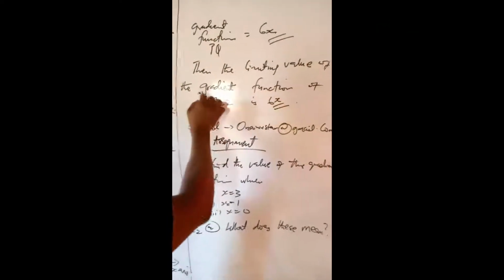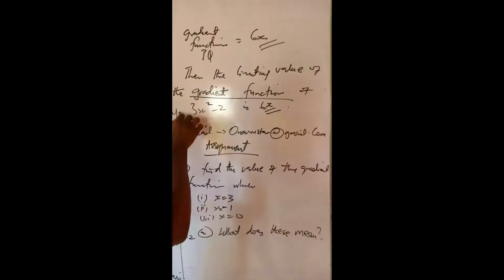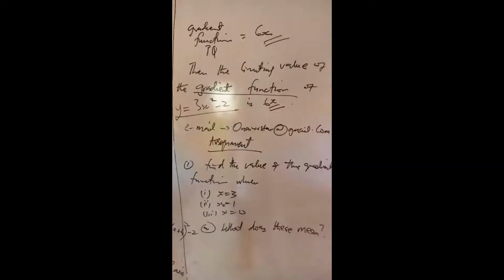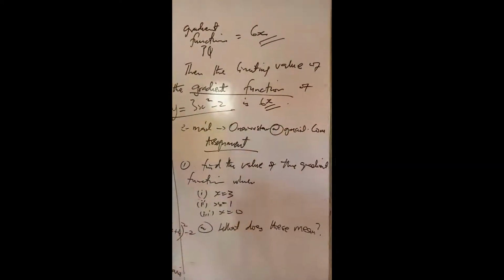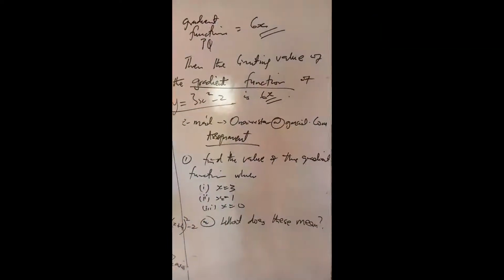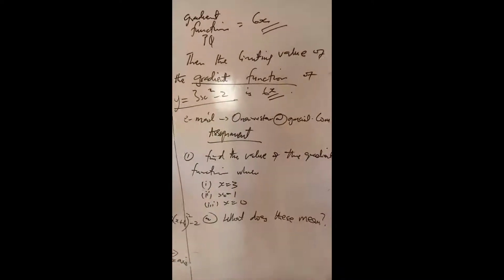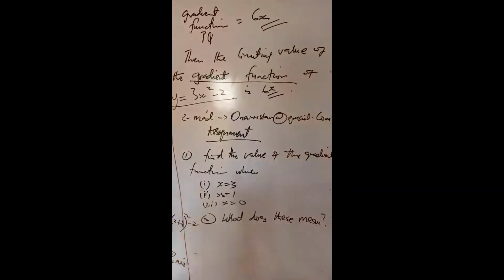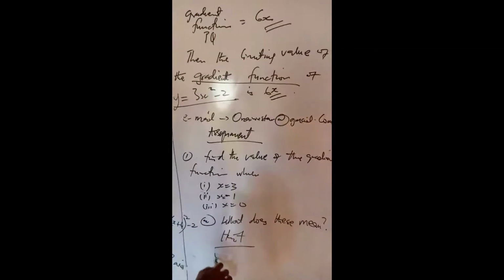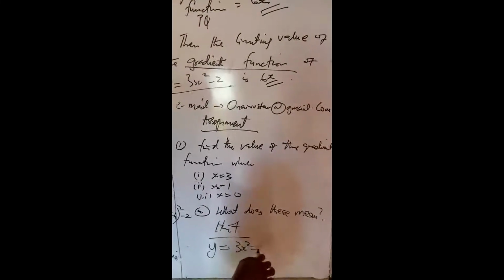We have just worked out the gradient function of y equals 3x squared minus 2. This is the curve. And of course, I don't want to tell you now what the gradient function is, because it's like giving you the clue to the answer. But having given you a hint, the hint from the above is that the curve y is equal to 3x squared minus 2.